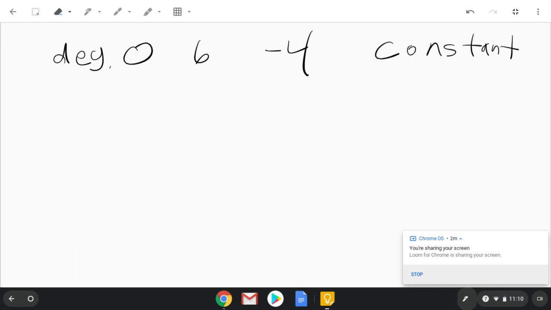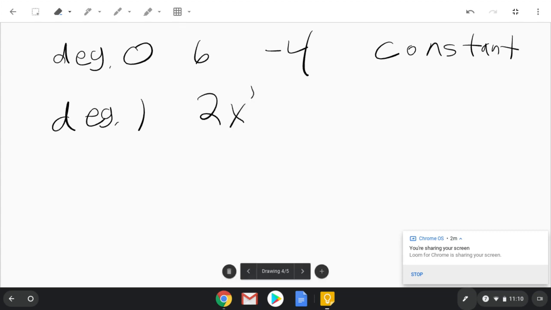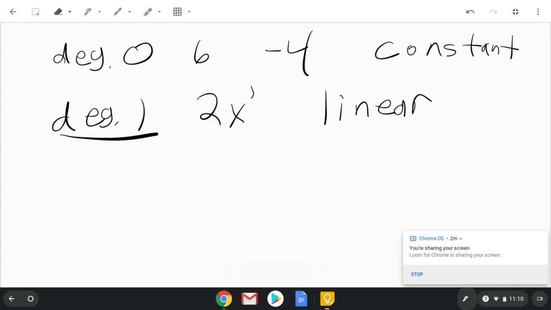Now, if we look at a degree 1, this would be something raised to the first power, like 2x to the 1. A special name for these is linear. So if it's to the first power, or degree 1, we call it linear.